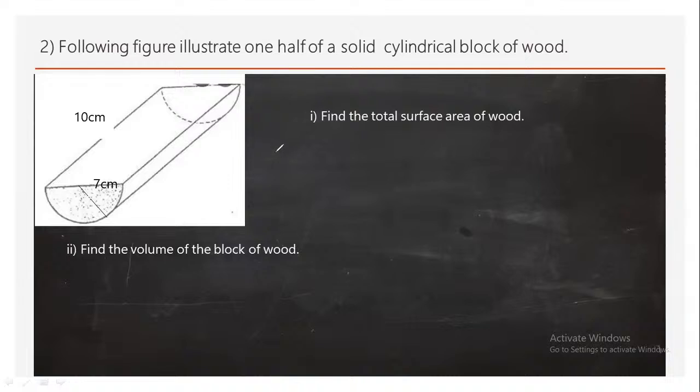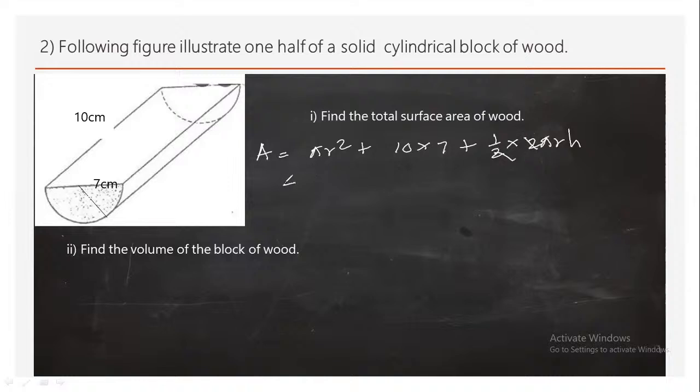Straightforwardly you can find one circle, then pi r squared, plus this rectangular part, it means 10 into 7, plus half of the curved surface, then half into circumference, 2 pi r h, right?